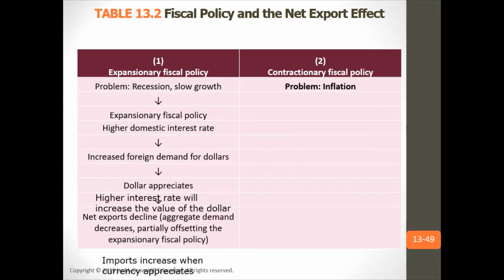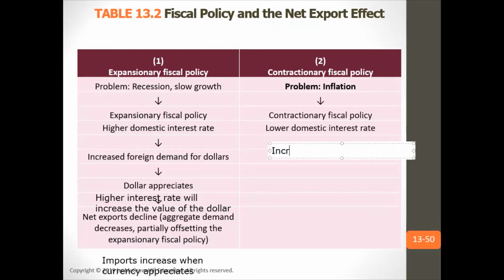So contractionary fiscal policy: if there is inflation, you have to increase taxes and reduce government spending to reduce inflation. And then this will lead to a lower domestic interest rate.